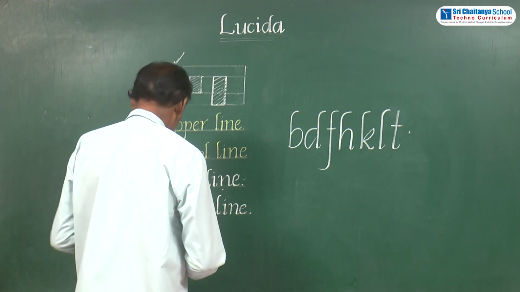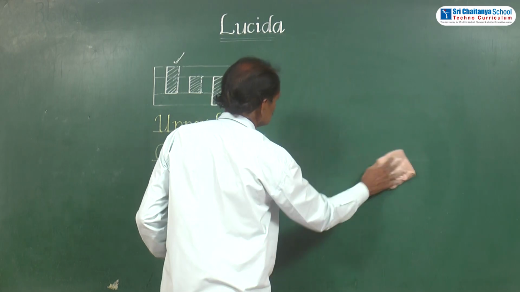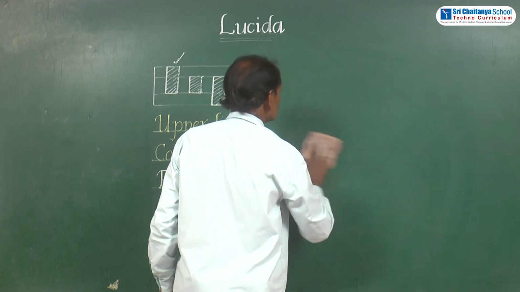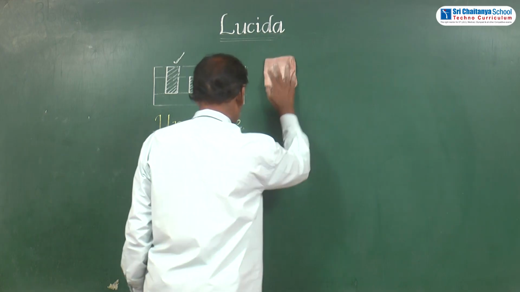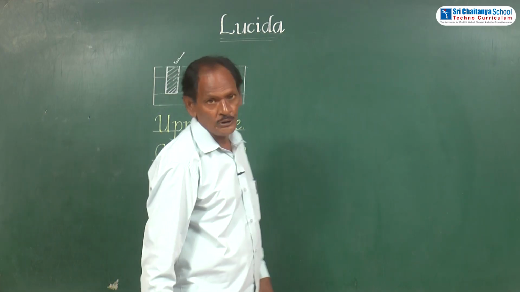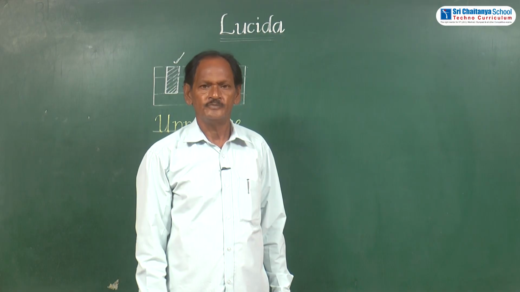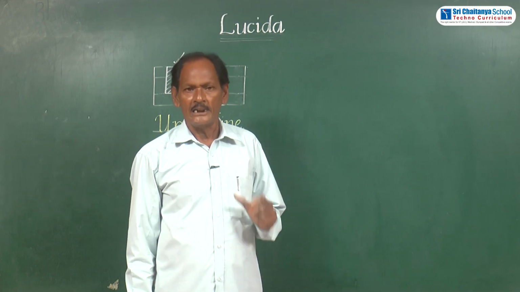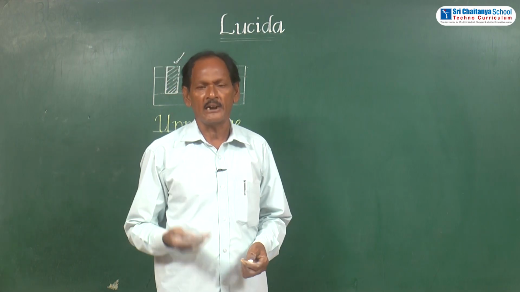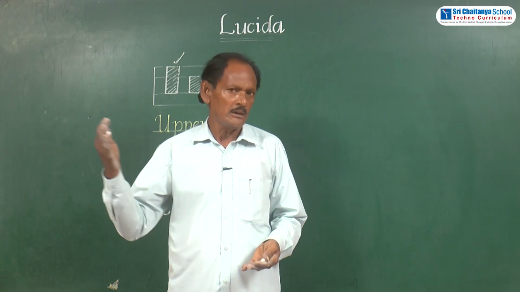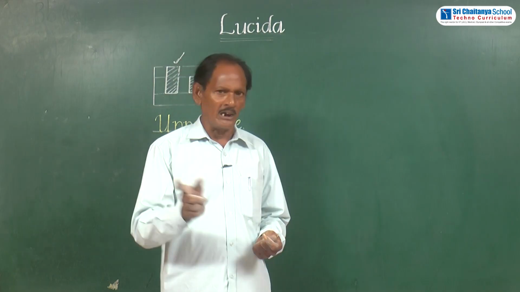Now, as I told you earlier, the upper zone is very, very important in small letters. Actually, more than 95% of handwriting consists of the small letters. Most of the handwriting consists of small letters.